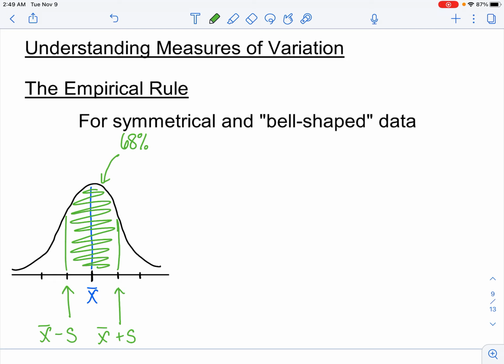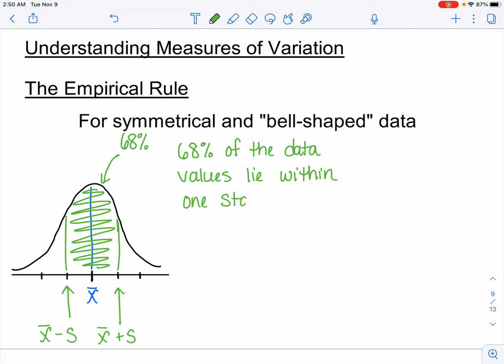So off to the side here, I'm going to write that 68% of the data values lie within 1 standard deviation of the mean. So 1 standard deviation of the center, or the mean. Specifically the mean, not the median.